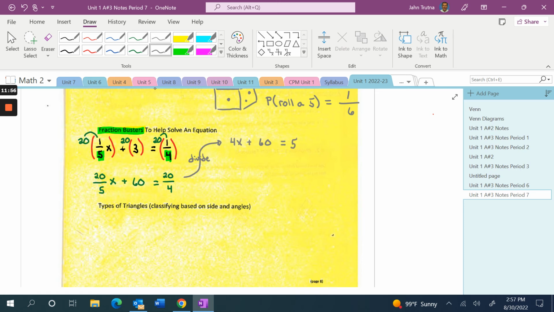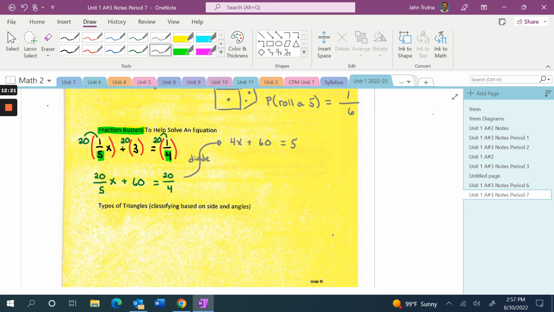Okay? Look what I just did. Through the miracle of math, it's really not a miracle. I just multiplied by the common denominator. The equation in gray, believe it or not, has the exact same answer as the equation in black.